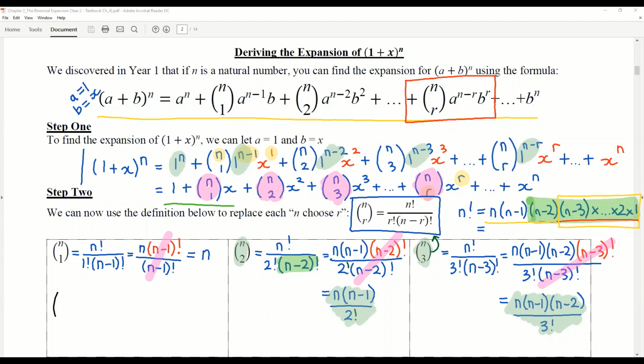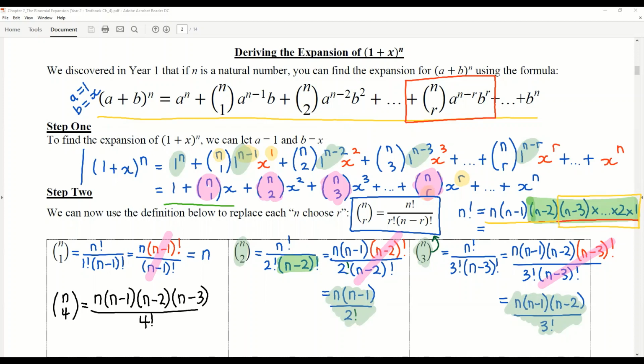So n choose 4, without doing any work whatsoever, you could verify this using the definition if you like, but it's going to be n subtract 1, n subtract 2, okay, and then an extra term, n subtract 3, because the n subtract 4 factorial will cancel, and that's all going to be over 4 factorial without doing any work whatsoever, because the pattern will continue.